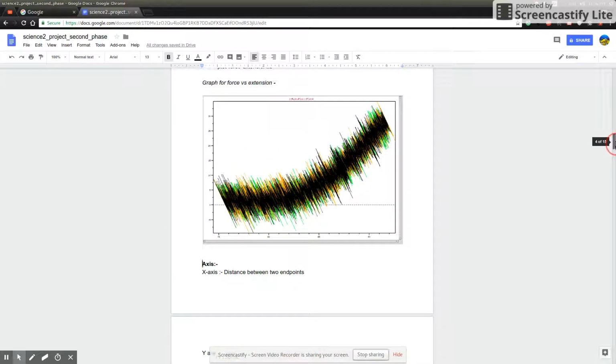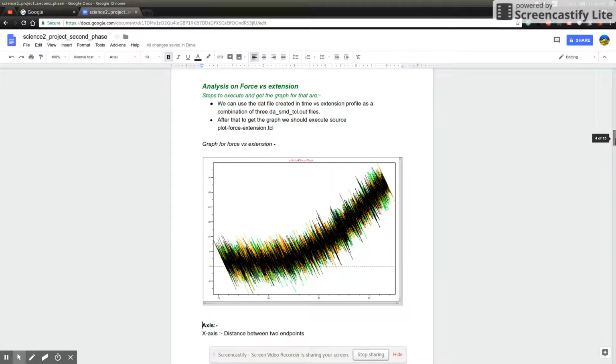So let me tell you one thing. My molecule is not very similar to other people's molecules. I have seen some other person's molecule which is completely folded and has so many hydrogen bonds.